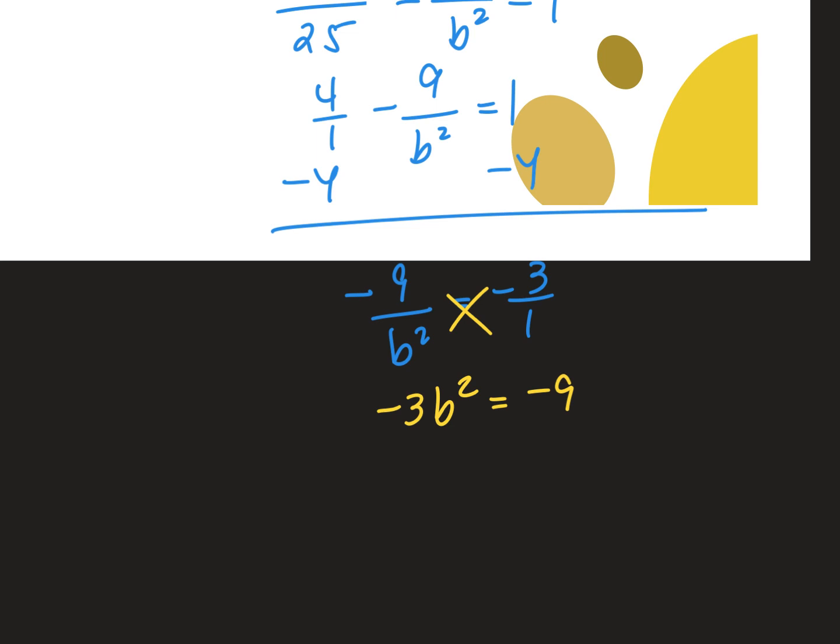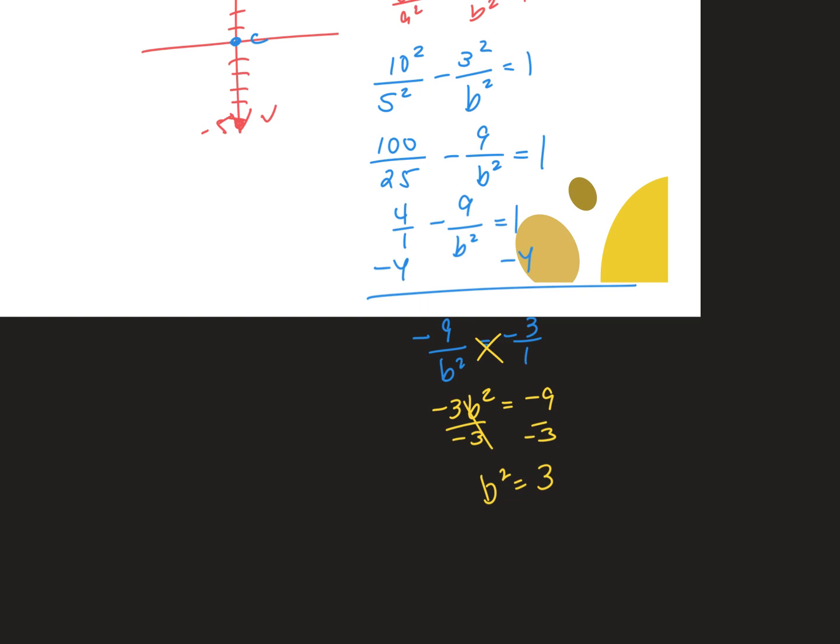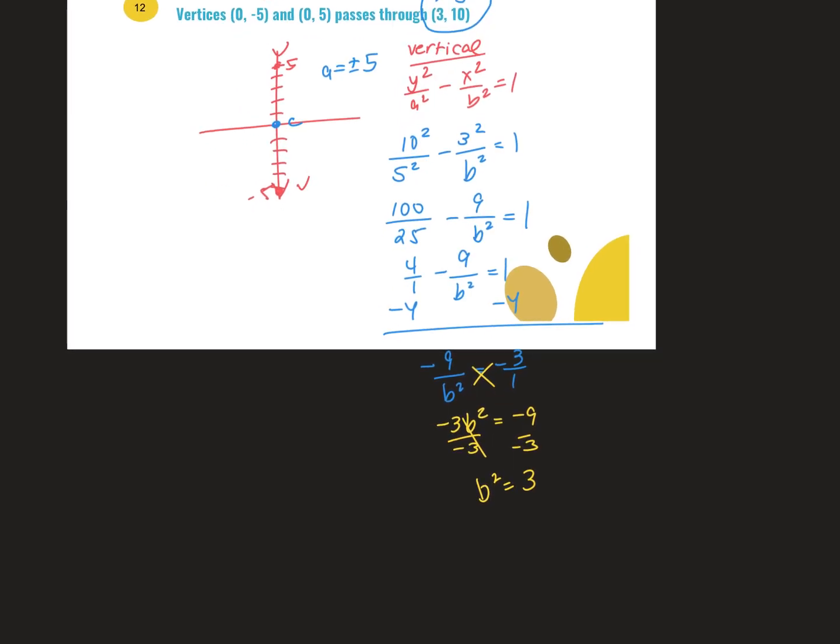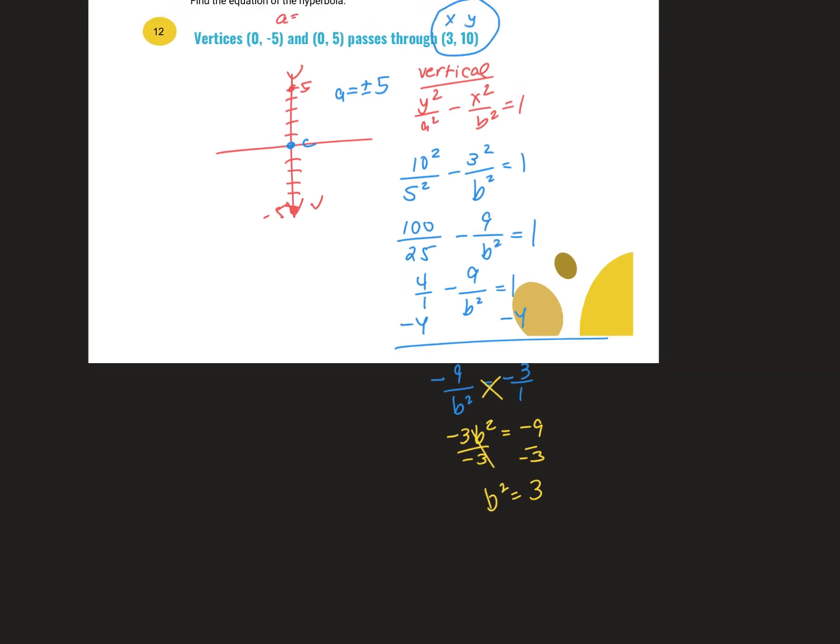Now what? Divide by negative 3. So b squared equals what? 3. Do I need to go ahead and say, okay, well, b is going to be plus or minus root 3? No, because the only thing I need to write my equation is my a value squared and my b value squared. Do I have both of those things now?